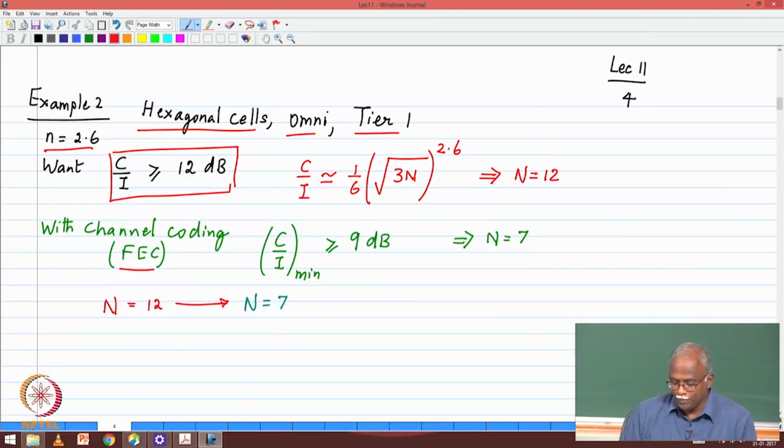But given that you have error protection, you're able to achieve the target performance at a C over I of 9 dB. If you can design your error correcting codes to work at a target of 9 dB, then you redo the calculation. Basically go back and plug in saying that your target C over I is only 9 dB, and you find out that now we have n equal to 7 as the new system.